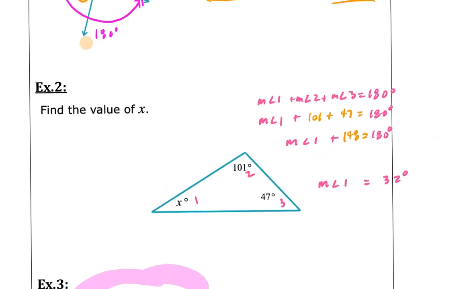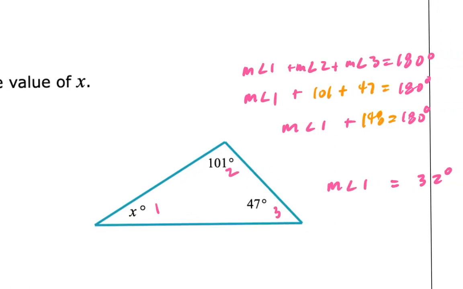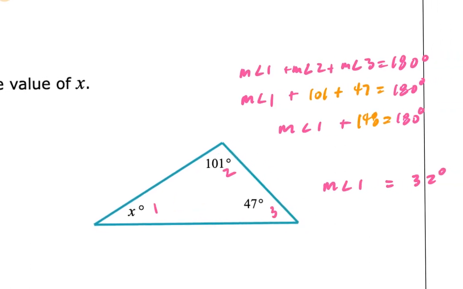Okay, as we look at this one, what we have to remember is the sum of all the interior angles in a triangle equals 180 degrees, which means the measure of angle 1 plus the measure of angle 2 plus the measure of angle 3 equals 180 degrees. Like I said, if you could set it up like this and show me the equation, you're killing it.